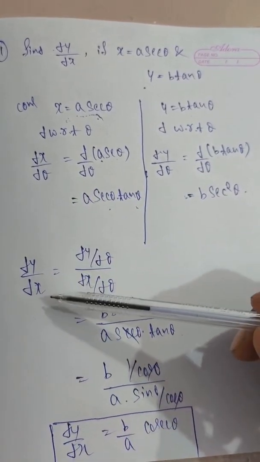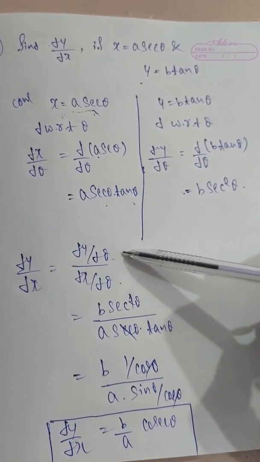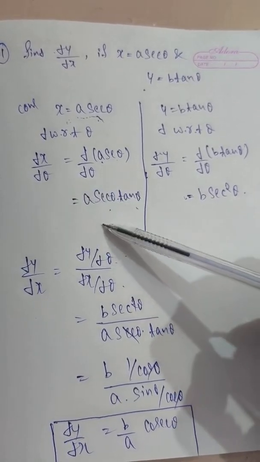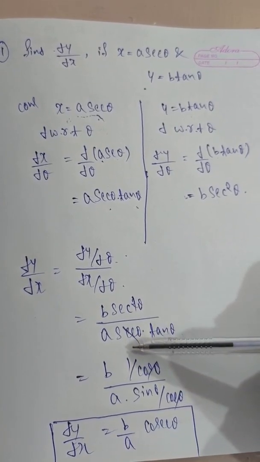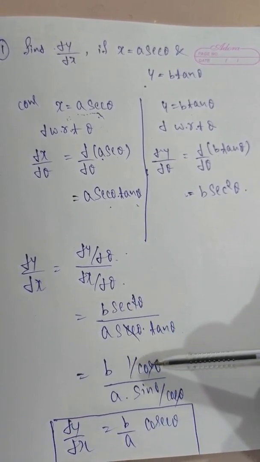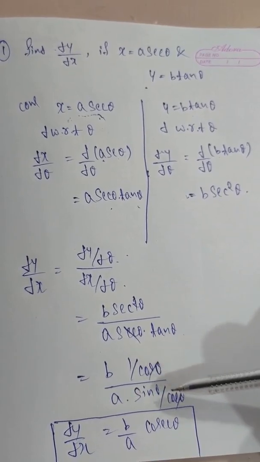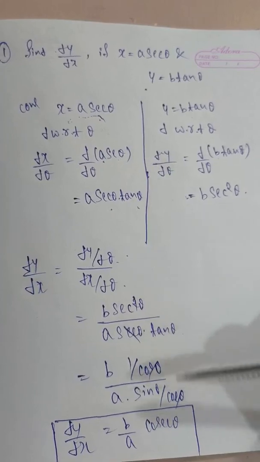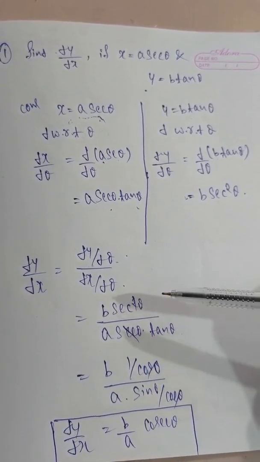Now we find dy by dx. dy by dx is equal to dy by d theta divided by dx by d theta, which is b secant square theta divided by a secant theta into tan theta. Here secant theta cancels. We are left with b by a. Secant theta means 1 by cos theta, tan theta means sin theta by cos theta. Cos theta cancels. So b by a into 1 by sin theta, which is cosecant theta. So this is the problem. Take a screenshot and copy it to your notes. Very easy problem.